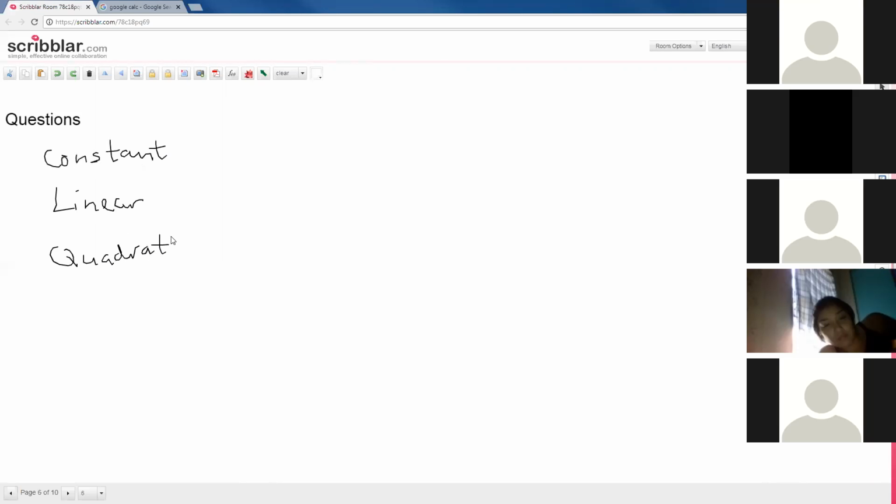And I think we go up to cubic. We'll include cubic just in case. So each of these names has a specific meaning. Constant is if you only have a number and nothing else. No variables at all.